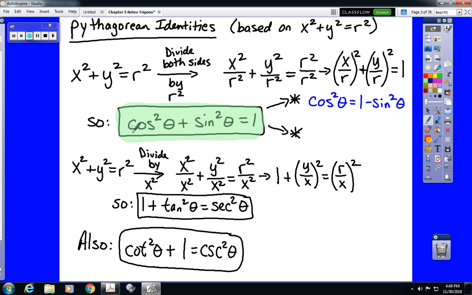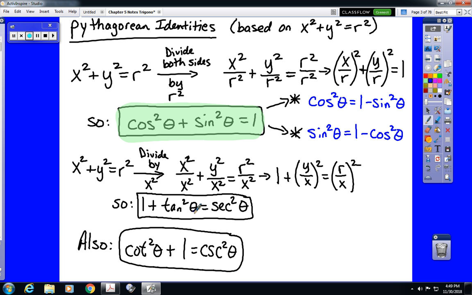Or we could subtract cosine squared from each side, which would give us sine squared theta is 1 minus cosine squared theta. All three of these expressions are exactly the same. They're just different forms, just like on the previous page where we had different forms of our reciprocal identities. We do that same process we used to derive that. We divide by a different term, and we derive two other Pythagorean identities.